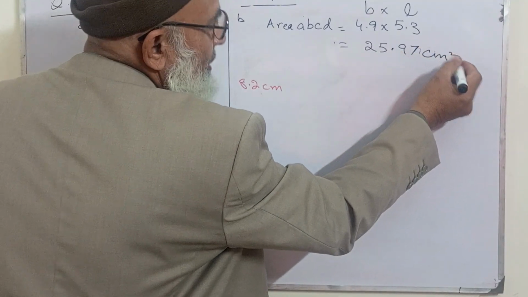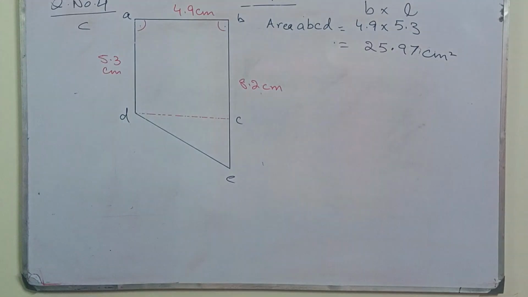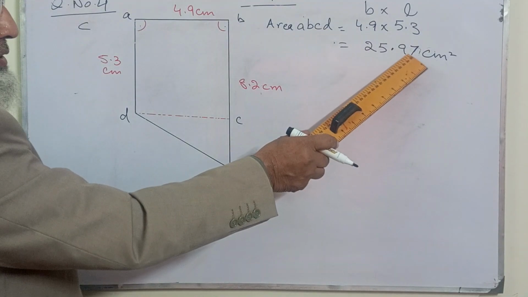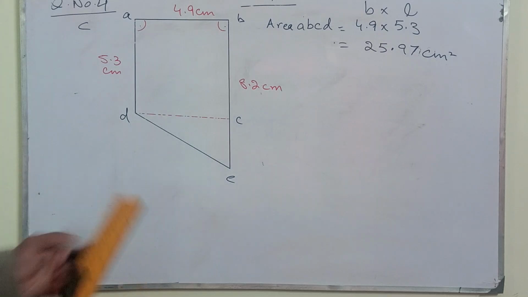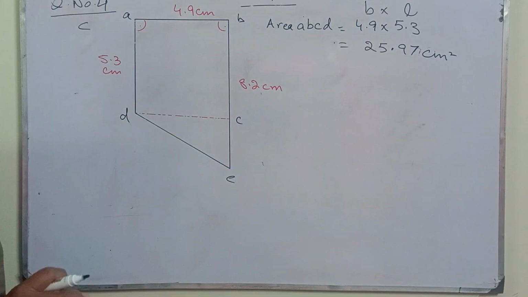It is 25.97 square centimeters. Now don't round this 97, because we have to find another portion of this.